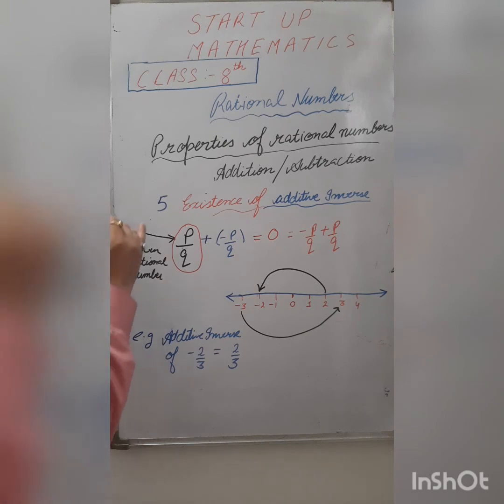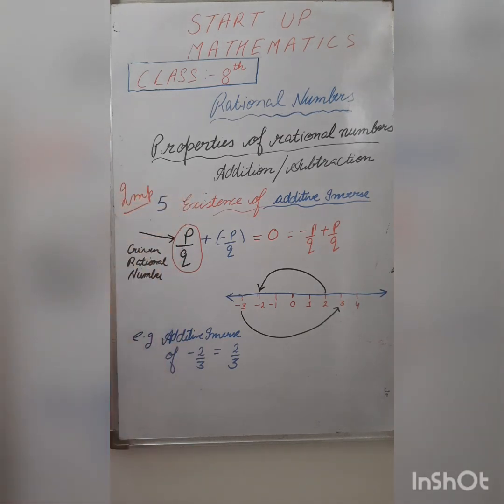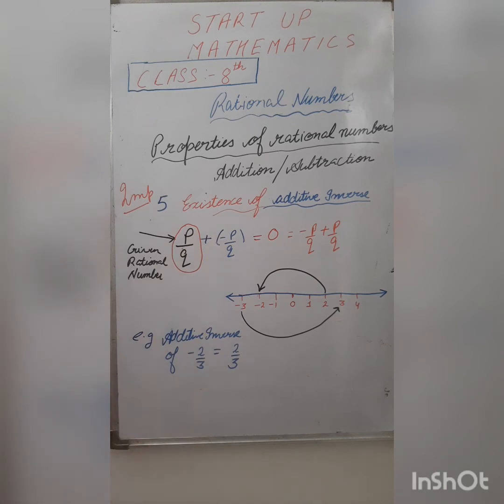This fifth is very, very important: corresponding to every rational number, its negative rational number is minus p by q, so that the sum of these two rational numbers is 0. So let's take an example based on these properties.